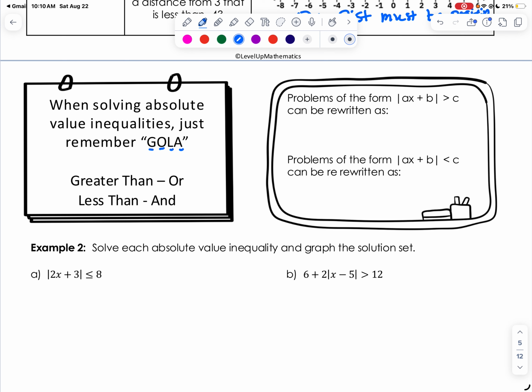Go LA. So if you have problems of the form absolute value of AX plus B is greater than C, then you can rewrite that as an or inequality. Greater than, or, go.